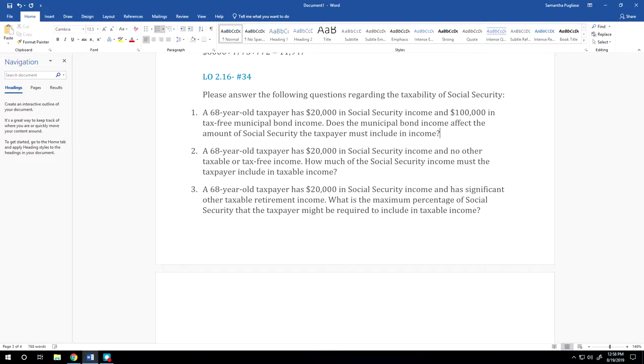What is the maximum percentage of Social Security that the taxpayer might be required to include in taxable income? And that amount is 85%. And you'll even see that 85% calculation as you go through that taxable Social Security worksheet. But that's the answer to number 3, 85%.